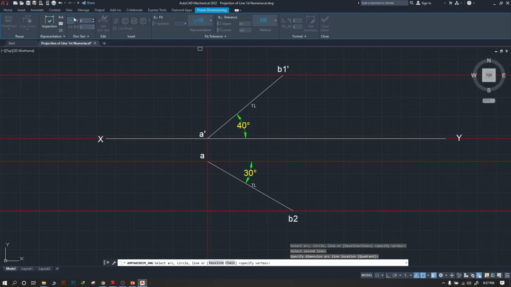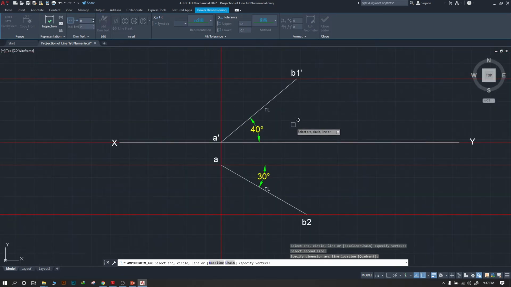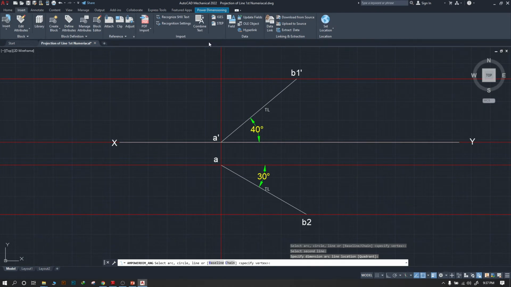Now to find the front view length and top view length, we have to project the true length. To find the front view length, we will project the true length from the HP to the XY line, and after that we will rotate it on the locus of B. So we will find the B dash point.